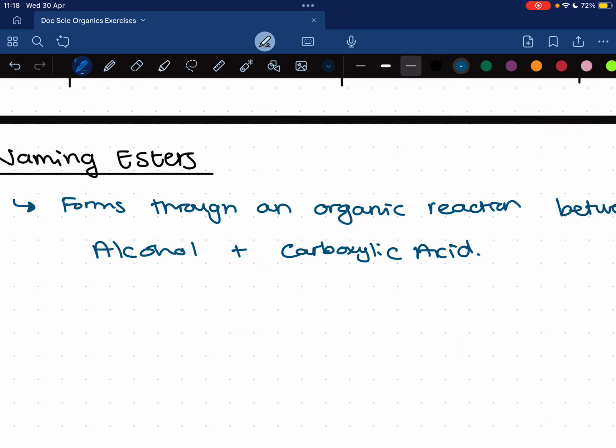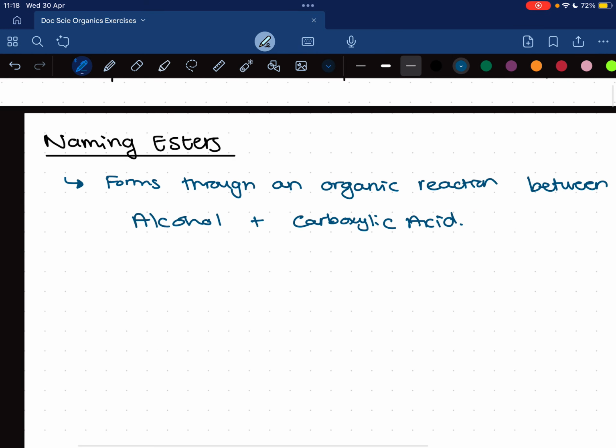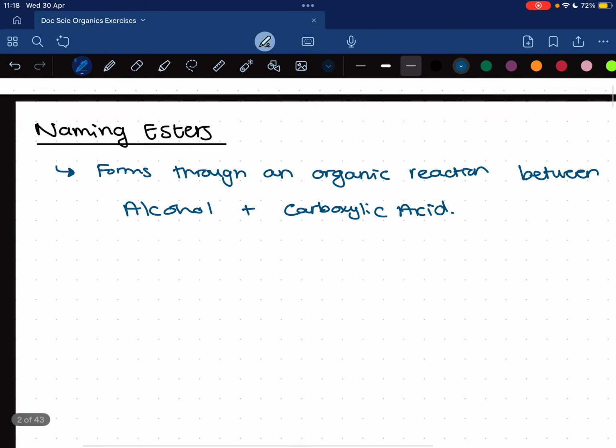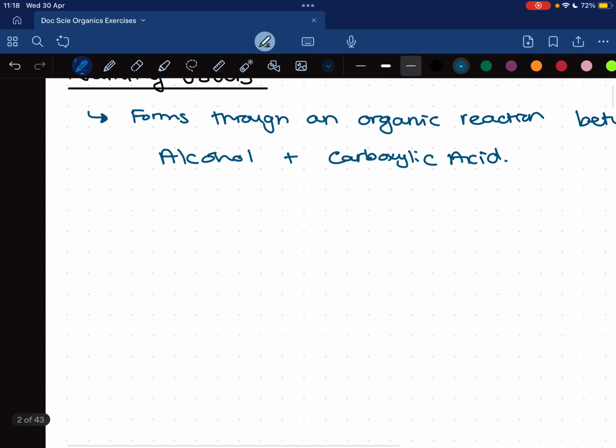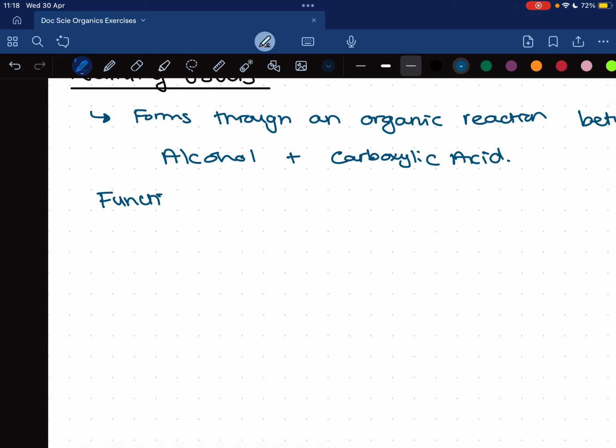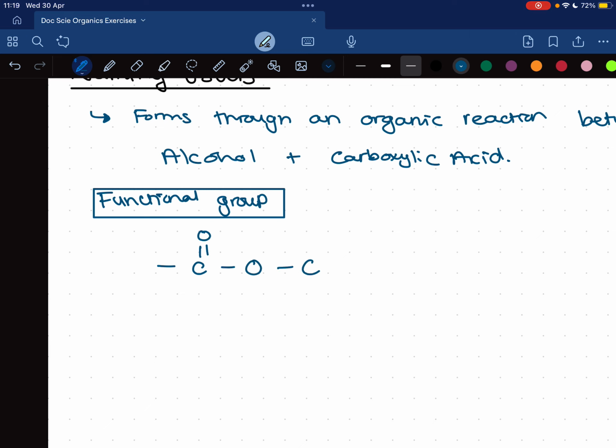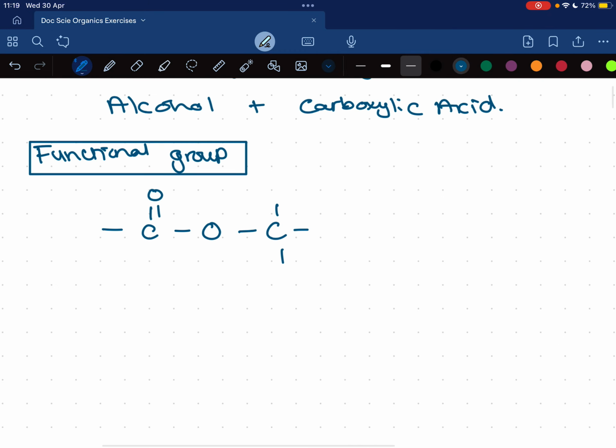So essentially, an ester is a combination of an alcohol and a carboxylic acid. The functional group for an ester is a double bond oxygen, single bond oxygen, and a continued carbon chain on either side.